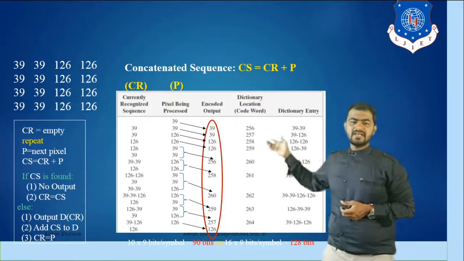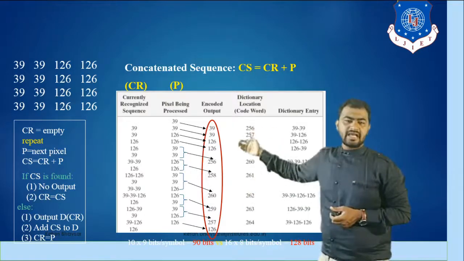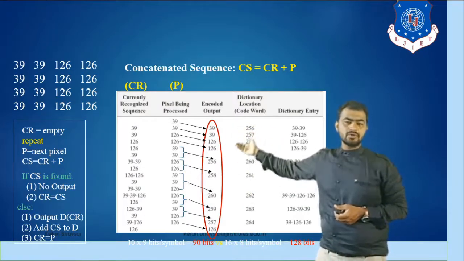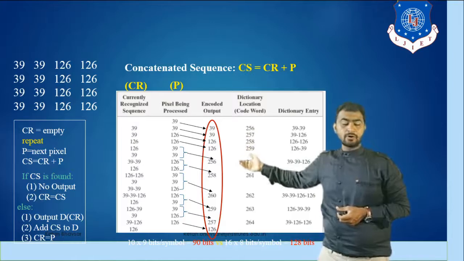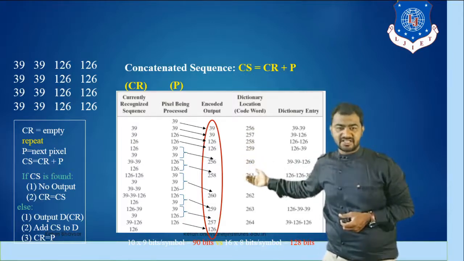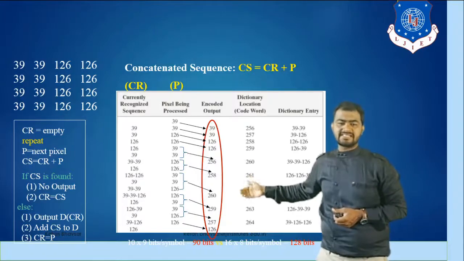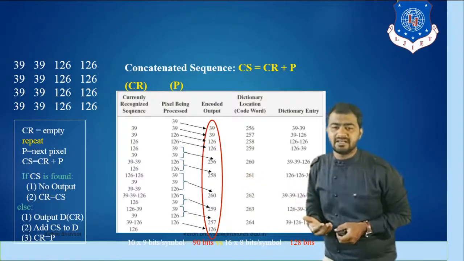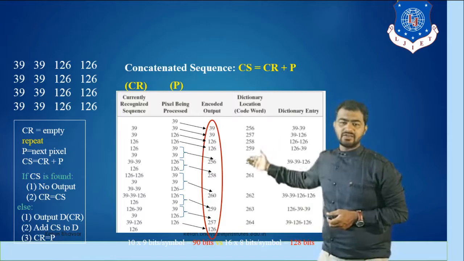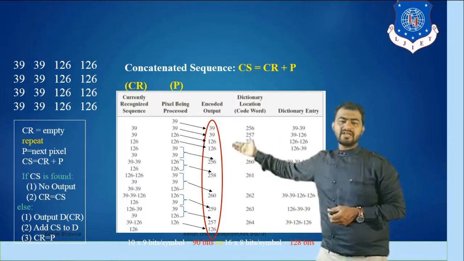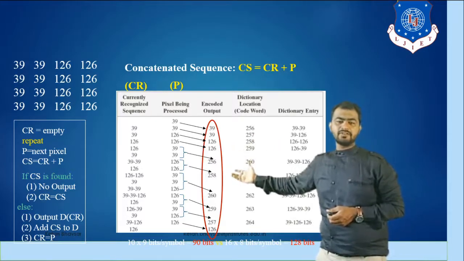So as you can see, this is how we can differentiate the terms. CR is equal to empty, P is equal to the pixel value, CS is equal to CR plus P, and we add the value. If CS is found, then CR is equal to CS, as we have to continuously add the value. As you can see over here, we have 39, 39 twice, so we replace it with 256.